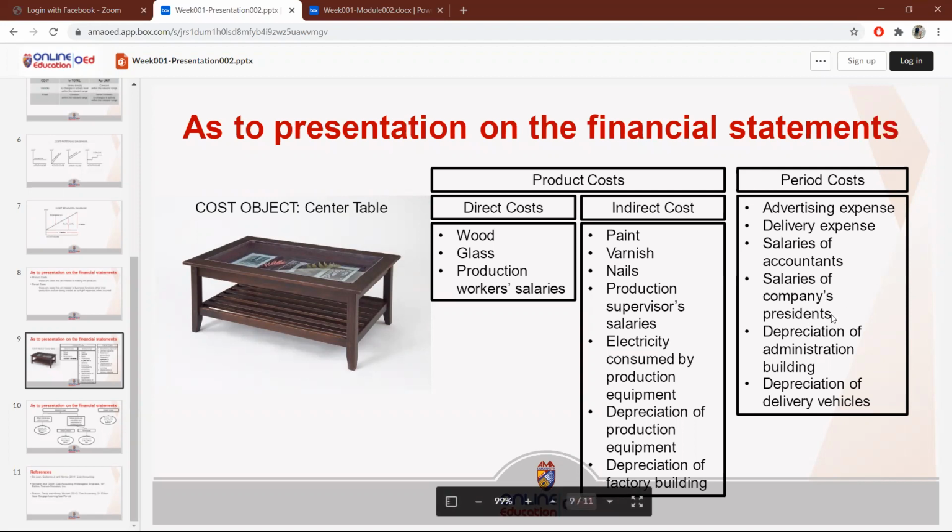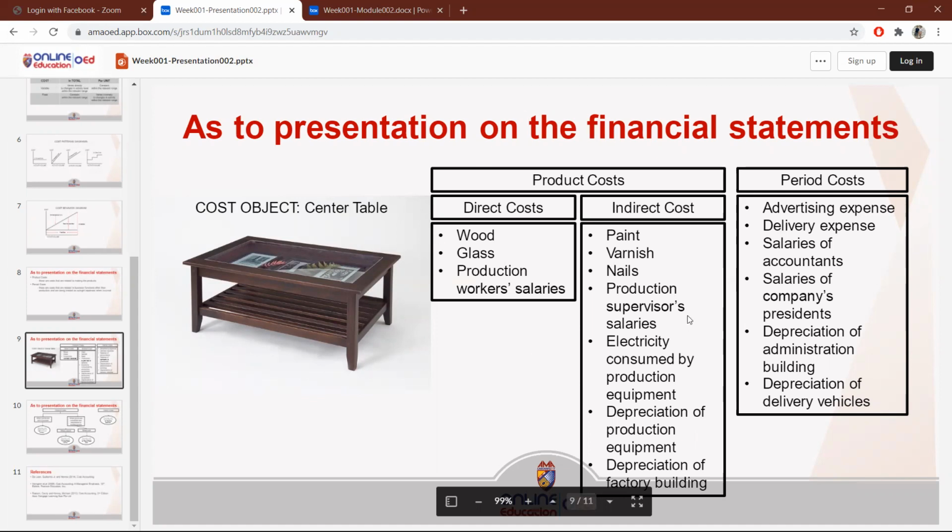Salaries of the company's president: these people are not involved in the actual production of the table, so it's part of the period cost. Depreciation of administration building, as I mentioned, is not part of the factory building. So it's not involved with the direct production of the table. Depreciation of delivery vehicles is also not included in product cost.